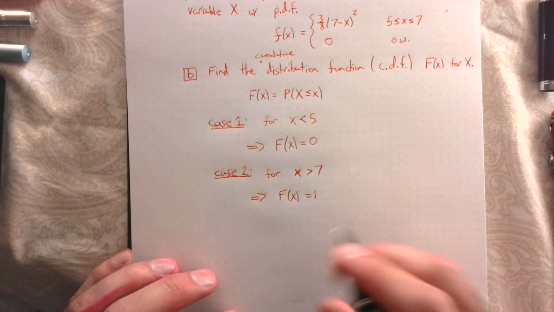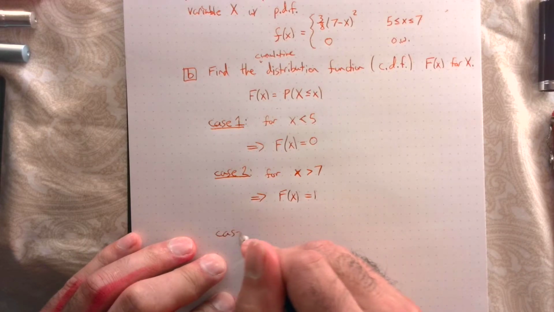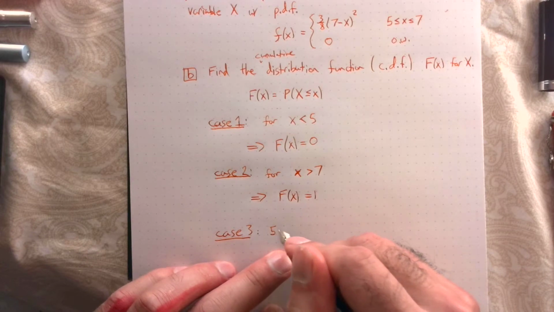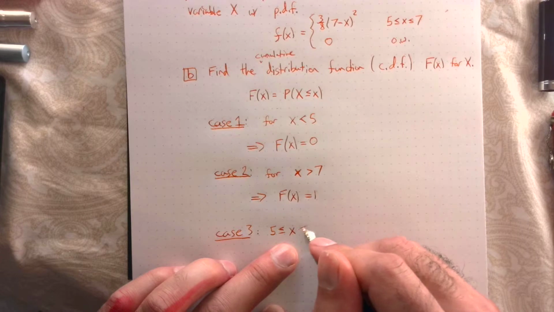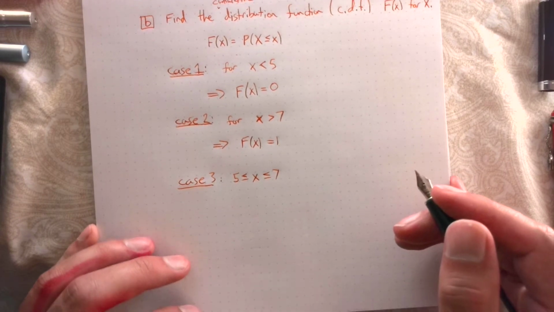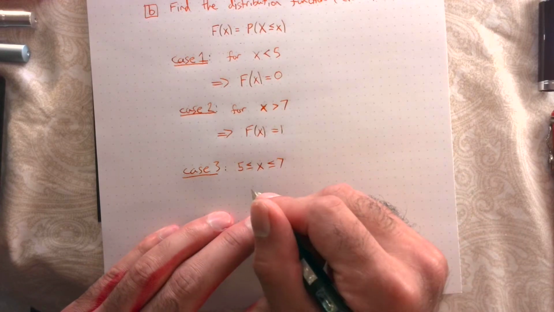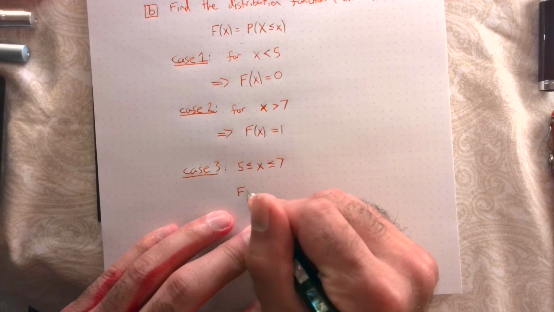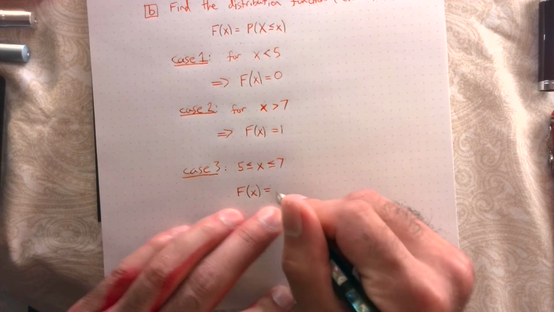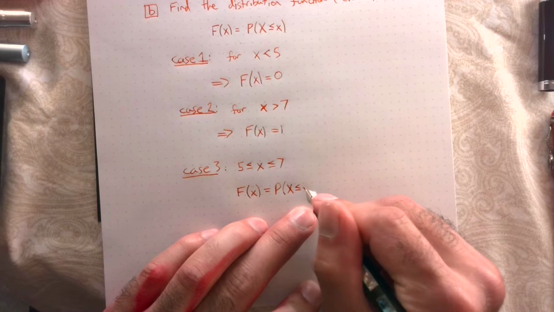So the last case, which is really the only case that we have to calculate out a little bit, case 3, is when I'm between 5 and 7. So in this case, what am I going to have? I'm going to have that the CDF of little x, remember, is the probability that x is less than or equal to little x.